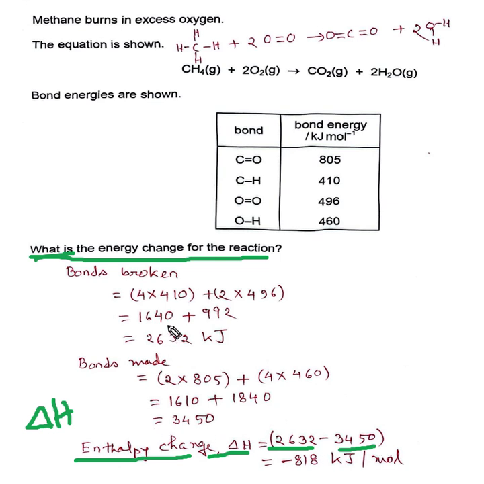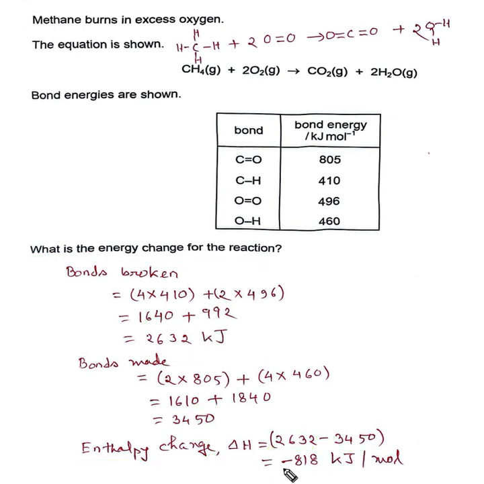So bond broken in reactant energy is 2632 minus 3450 kilojoule. If you subtract, you will get minus 818 kilojoule per mole.